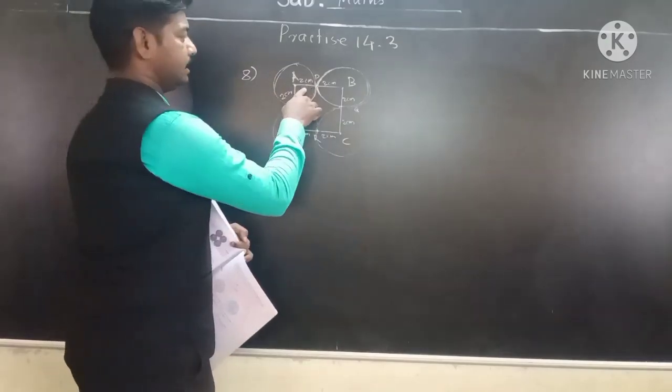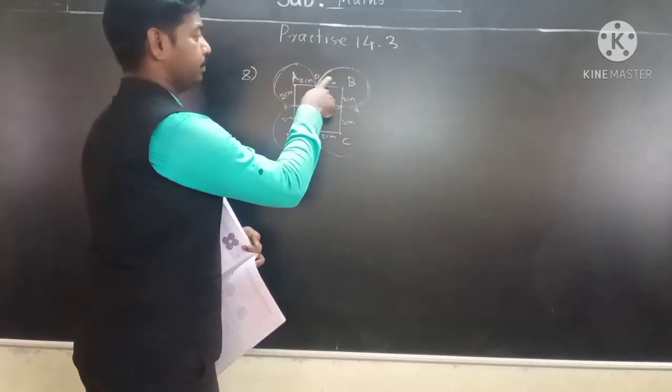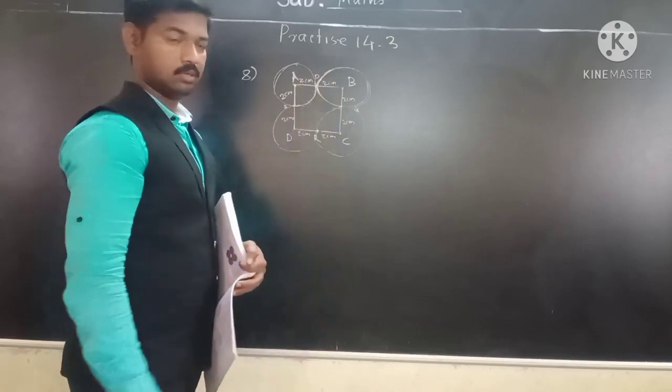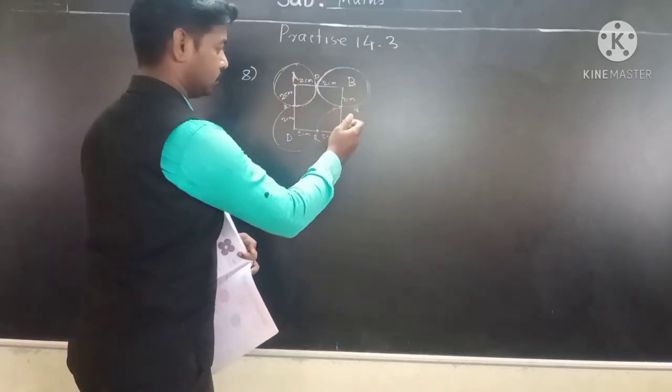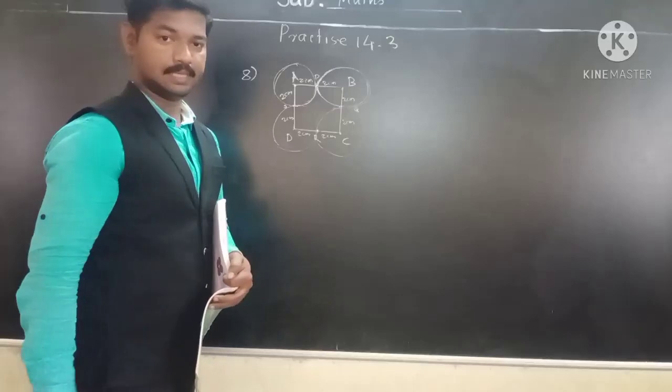Okay, if AP is 2 centimeters, then PB will be 2 centimeters. So these all we will see, they all are 2 centimeters.